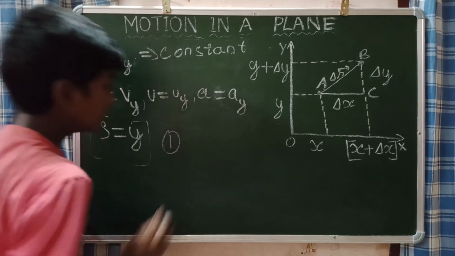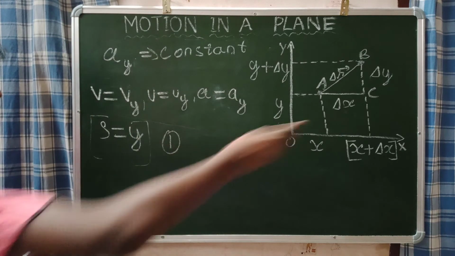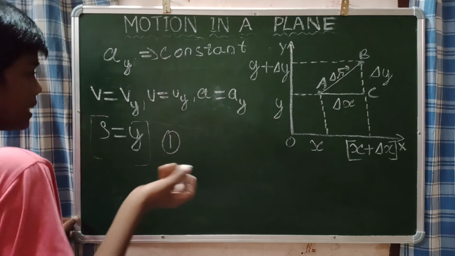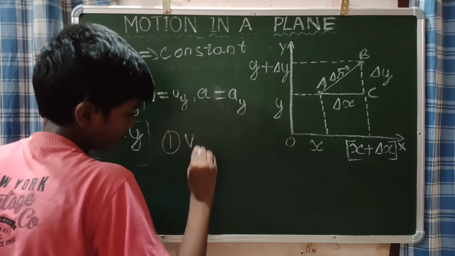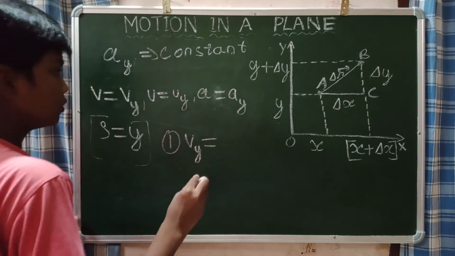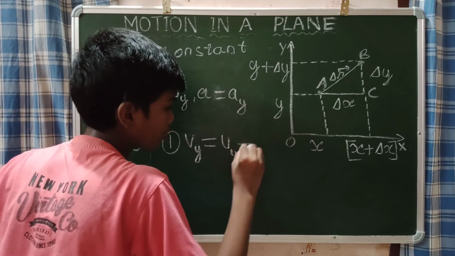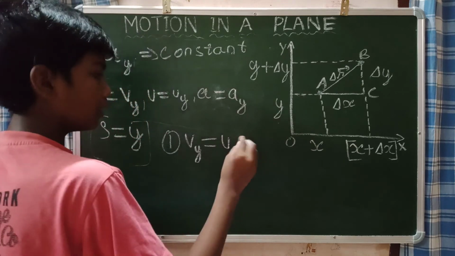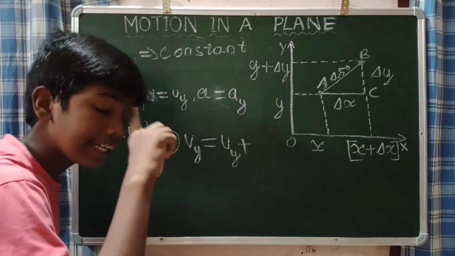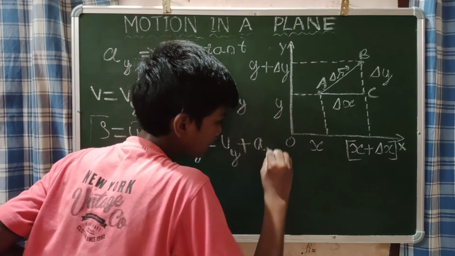Now derive the first equation. The first equation is v is equal to u plus at. I don't need to write the formula, I will say it directly. So v of y is equal to u plus at. What is the initial velocity? u of y, the y component of initial velocity, plus at. Acceleration is a of y, and time stays the same.